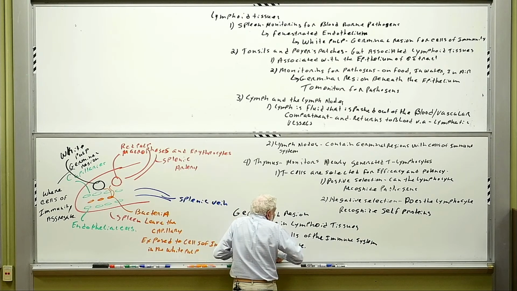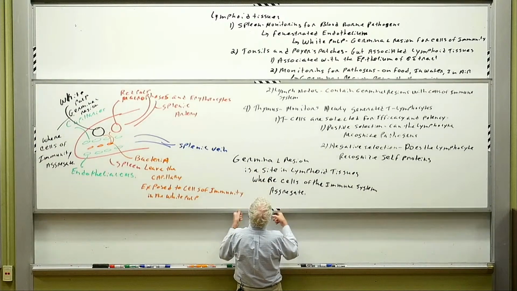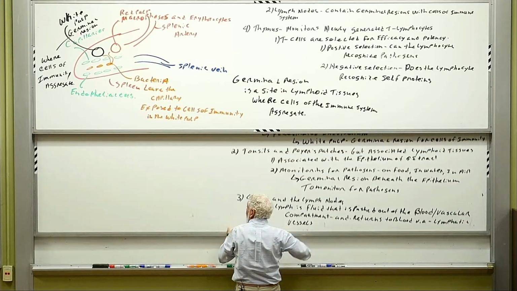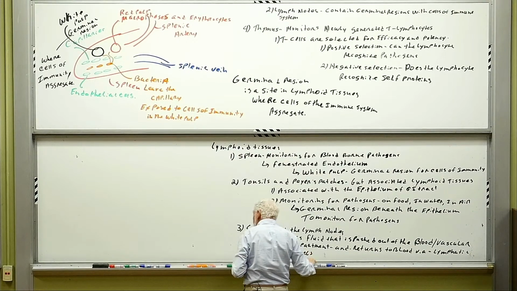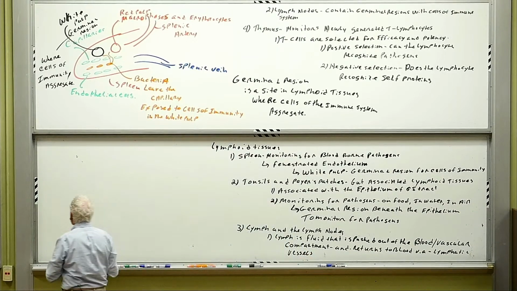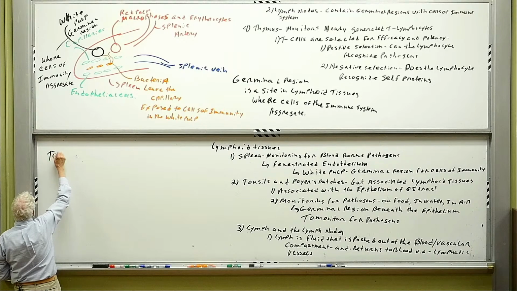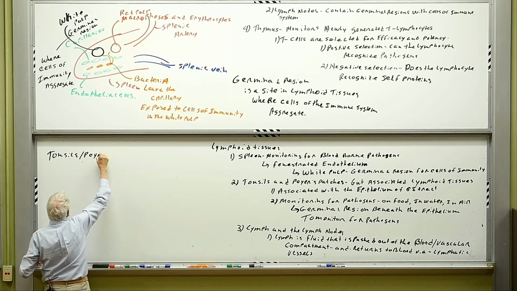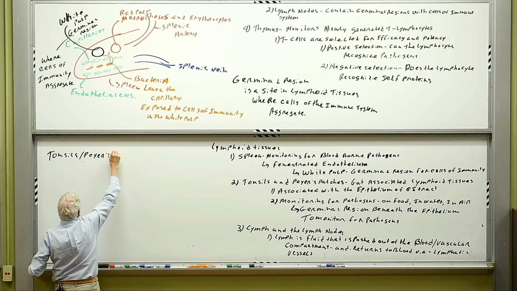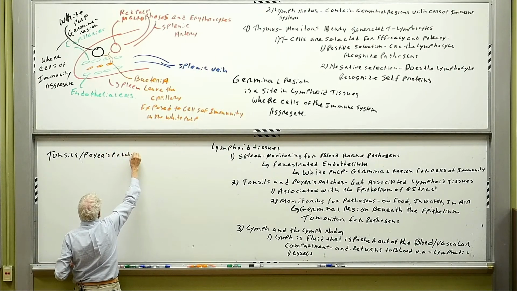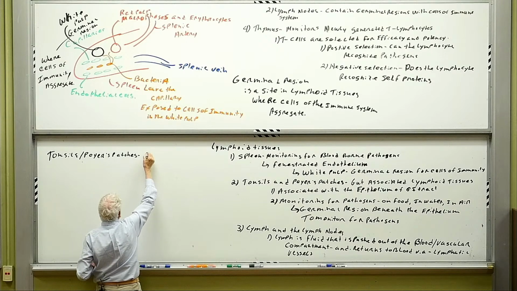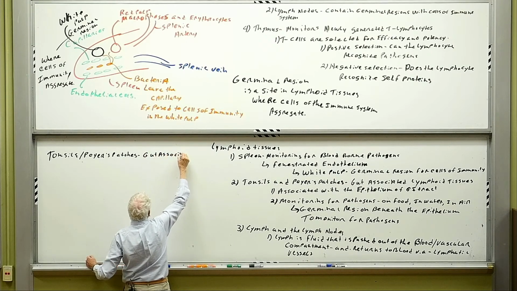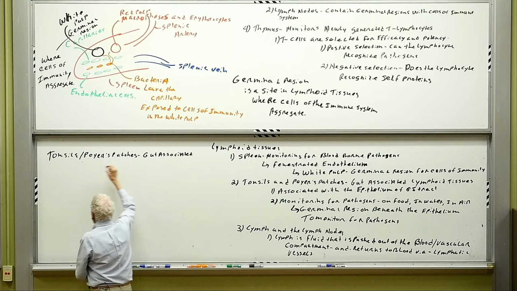And let's now talk a little bit about the next set, which are going to be the tonsils and Peyer's patches, sometimes known as the gut-associated lymphoid tissues.